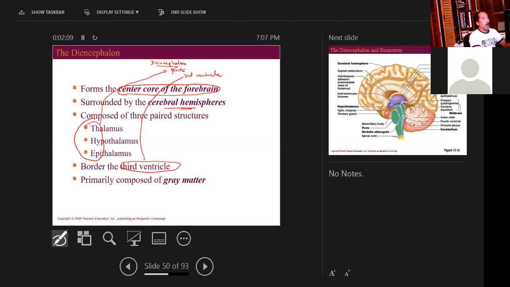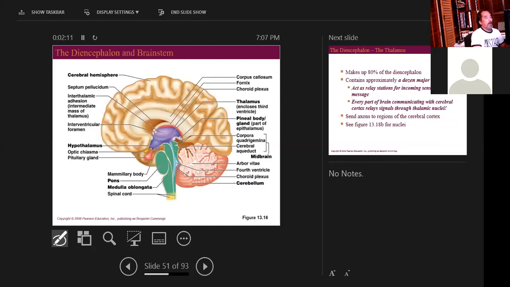All right, so this is the structure of the diencephalon. I'm going to mark it out here. The three parts: the hypothalamus, right here. And this structure that looks like an egg is called the thalamus, which is enclosed by the third ventricle.